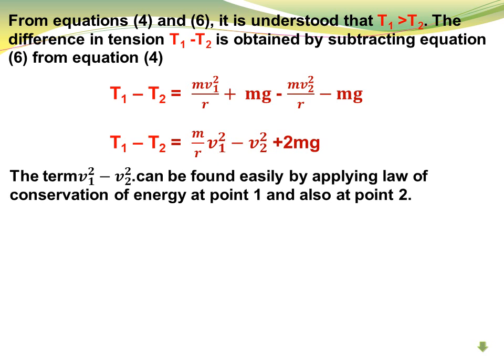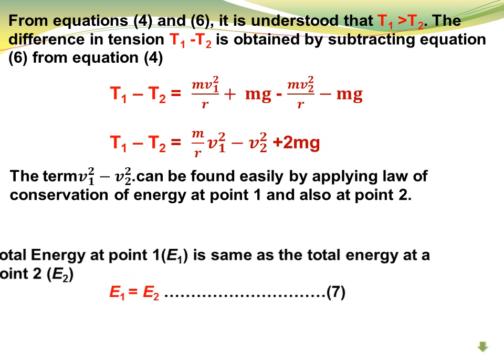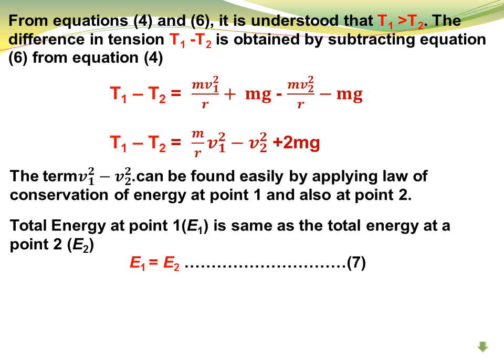The term v1 square minus v2 square can be found easily by applying the law of conservation of energy at point 1 and also at point 2. The tension will not do any work on the mass, as the tension and the direction of motion are always perpendicular.